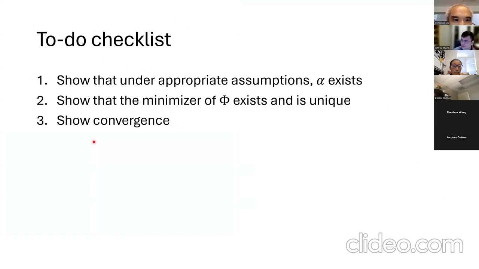We want to show that this coefficient in front of the regularization term exists, and as long as it exists, we can find it. We do need it to be finite. The second thing we need to do is show that our approximation has a well-defined minimum. And finally, we're going to show the convergence.